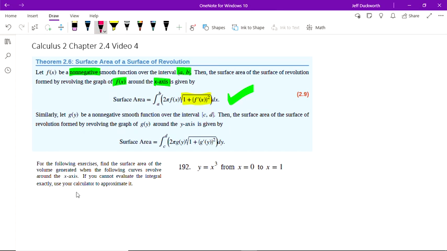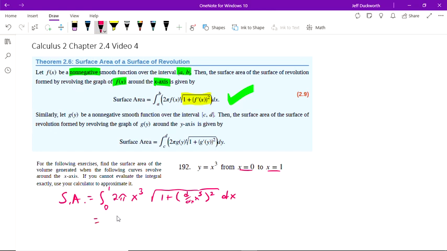Again, we're going around the x-axis, so here our lower bound is 0, our upper bound is 1, so 0 to 1. We're going to write 2 pi, because that's part of our formula. The actual function itself is x cubed, and then we have the square root of 1 plus the derivative of that, so d dx of x cubed, all squared.